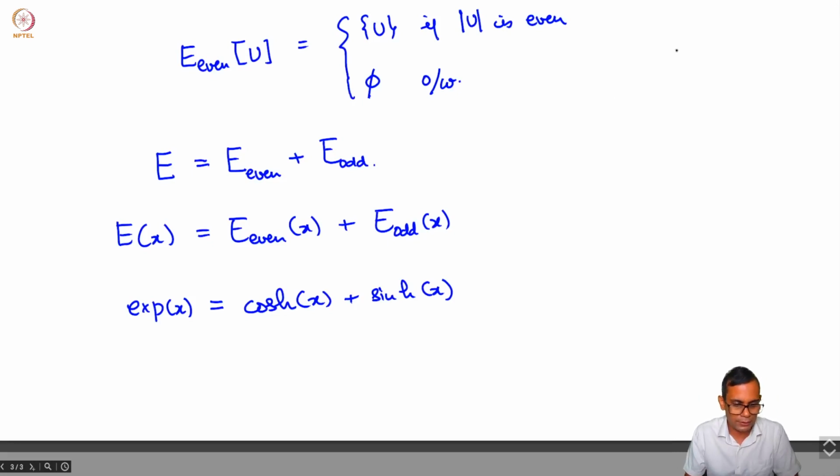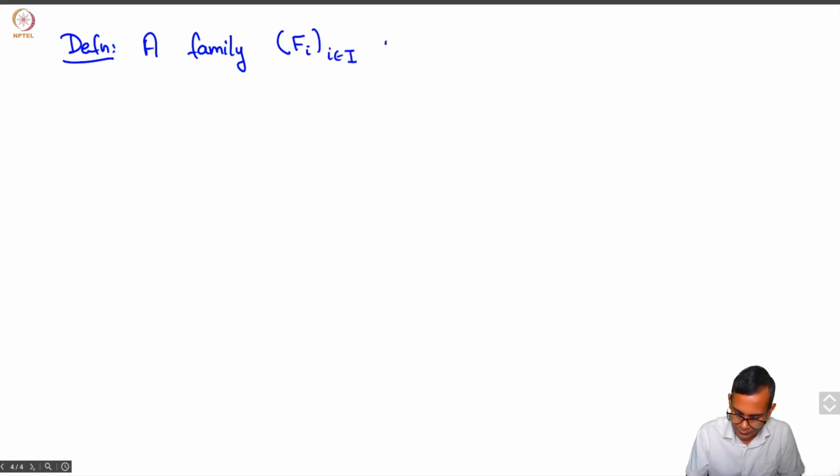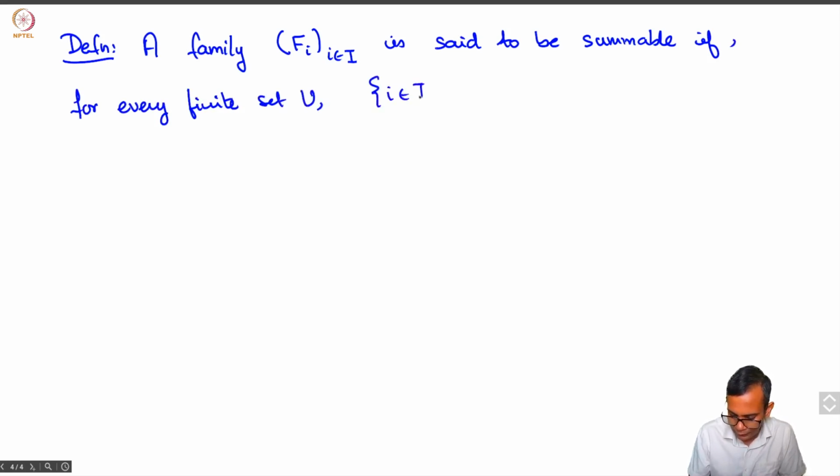Now let's extend the notion of sum from two species to several species. So we'll say that a family F_i indexed by some indexing set I is said to be summable if for every finite set U, the collection of i in I such that F_i(U) is non-empty is finite.